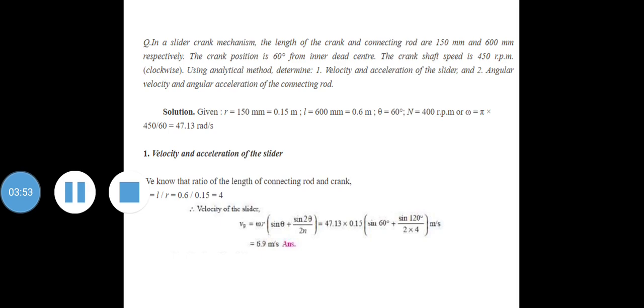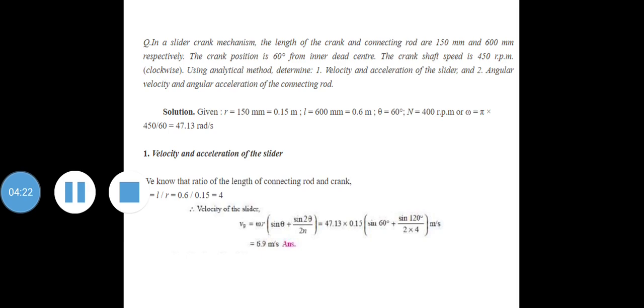The crankshaft speed is 450 RPM clockwise. In the question itself it has been said we have to use the analytical method. Using it we have to find first the velocity and acceleration of the slider, and second the angular velocity and angular acceleration of the connecting rod.